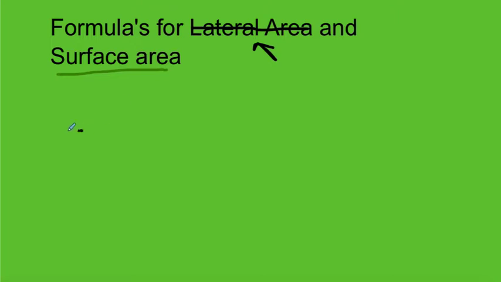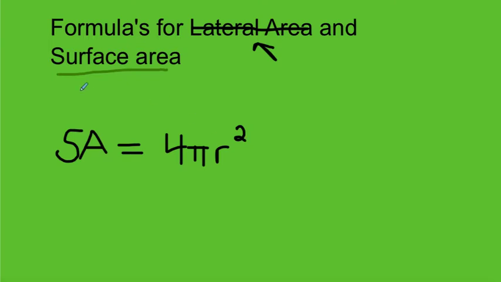Okay, so to find the surface area, so SA, of a sphere, we would do 4 pi r squared. So we take the radius, we square it, and then we multiply it by 4.